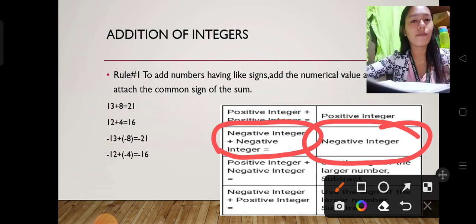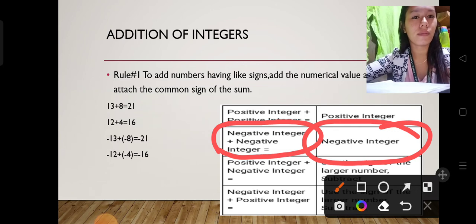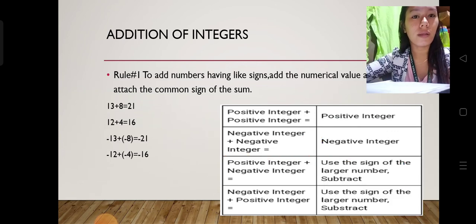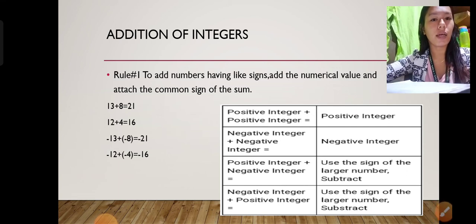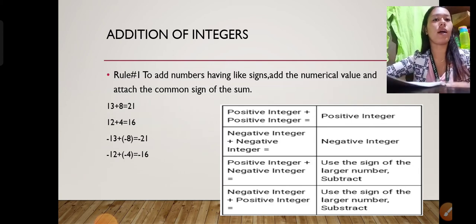So negative 21. Then negative 12 plus negative 4 is equal to negative 16. Okay? So next, did you already understand rule number 1 of the addition of integers?